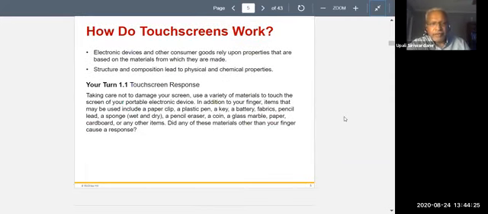Now, a cell phone has a touch screen. Touch screens are made out of materials with specific physical and chemical properties. What physical property is desirable on a touch screen?